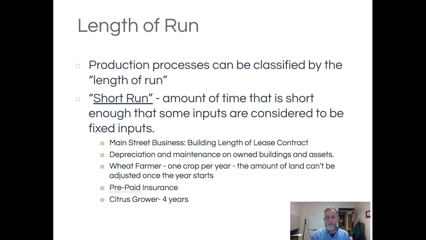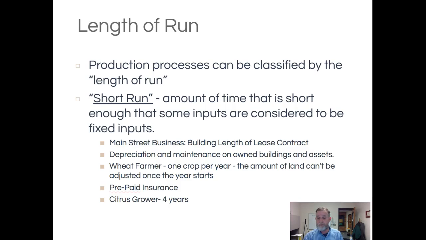Okay, so for a Main Street business, the length of the building lease contract could be the short run. At the end of that lease contract is when we get to go in there and negotiate a new lease, so that input becomes variable.